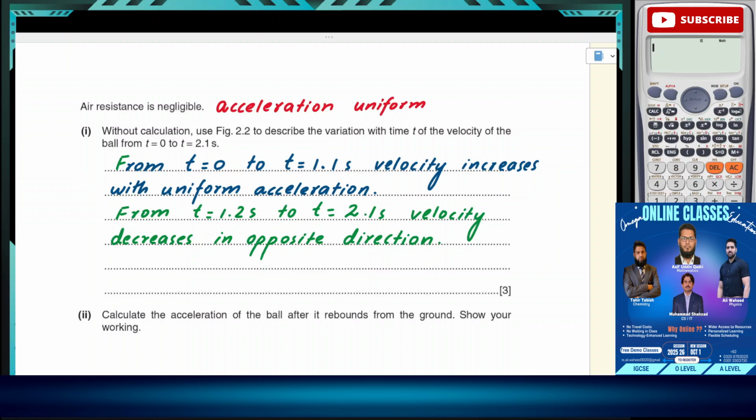And once again, the velocity decreases, but does that decrease with uniform deceleration or non-uniform deceleration? For that one, we can simply see that we have a straight line. So it decreases with uniform deceleration.